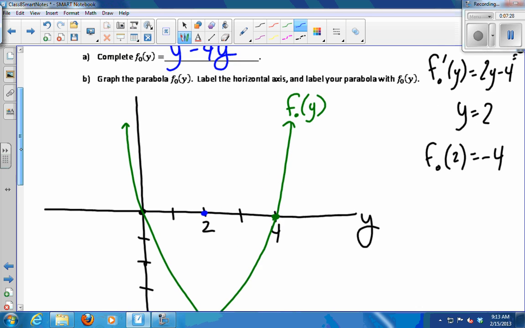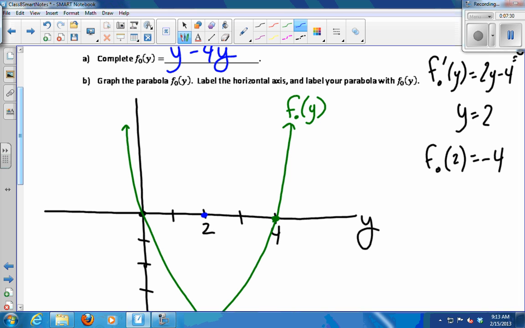So that means that this point 0, 4 would go to 4, 4. I'm going to have 4, 4 and 0, 4. And here's my parabola.